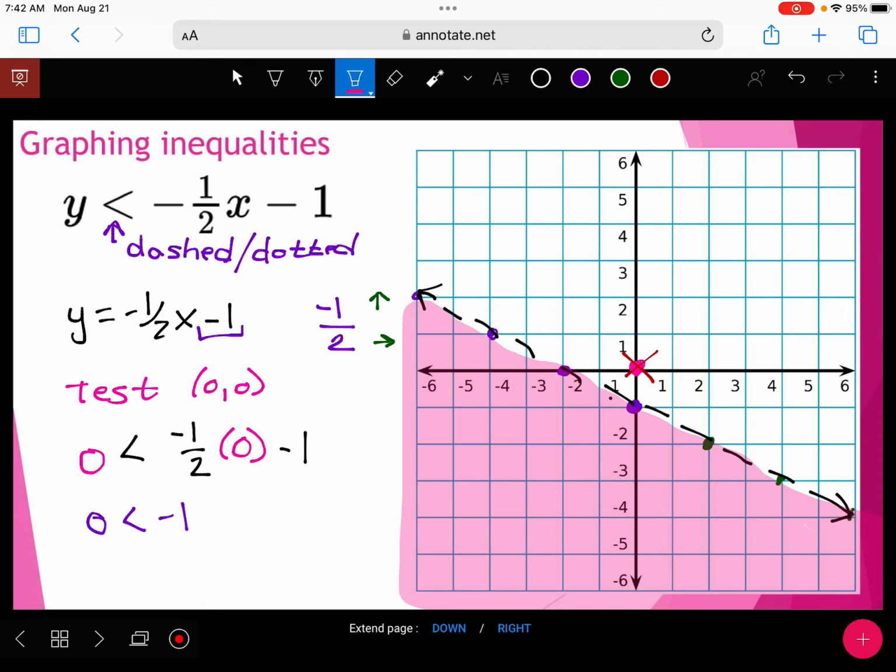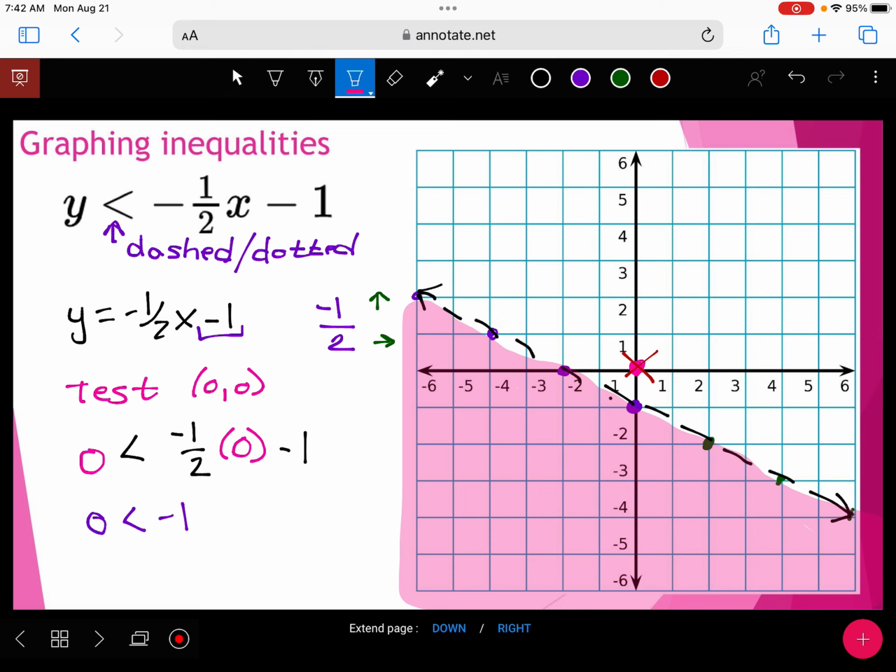Go ahead, Jerome. I have a question. Is it always true that if the greater than or equal sign is pointing that way, then it will always be on the bottom, but if it's facing that way, it'll always be on the top? If it's y on the left and x on the right, and y is less than x, it'll be down. And y is greater than x, it'll be up.